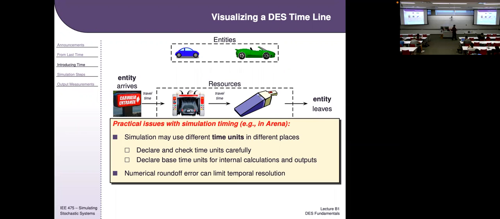The other thing is that inside the computer, if you're simulating things that happen really, really frequently, you can get round-off error issues where a bunch of things that should have happened within a second of each other get spaced out over multiple seconds because of round-off error in the computer. It's going to be more like milliseconds or nanoseconds than seconds, but these computers are not infinite precision.